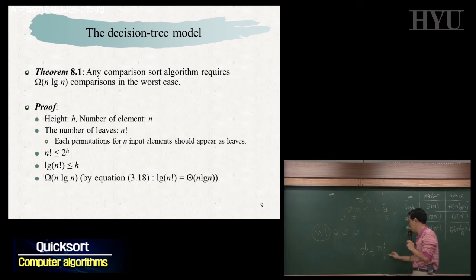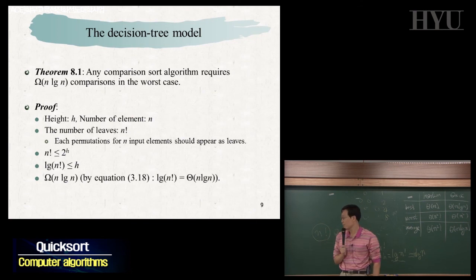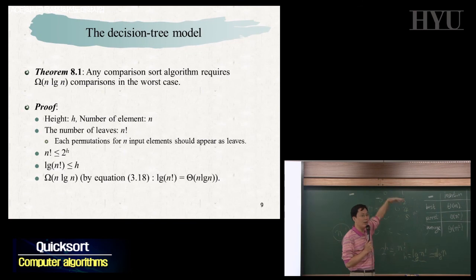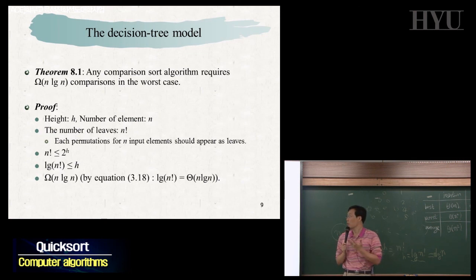Then h is log n factorial. And there is a known fact that log n factorial is the same as n log n. So the height cannot be smaller than n log n. So the worst case running time cannot be better than n log n.